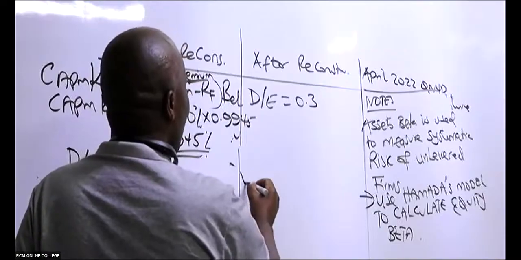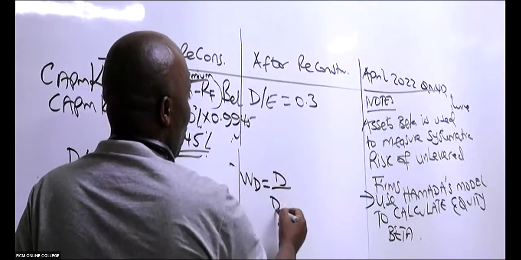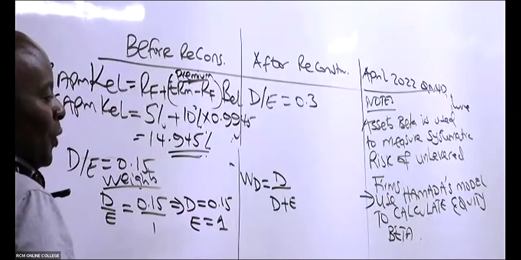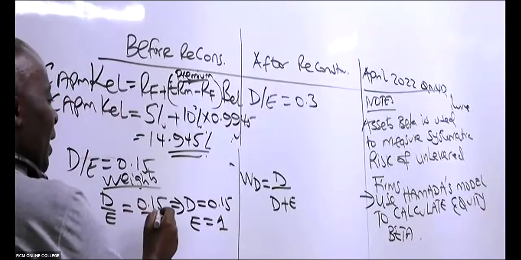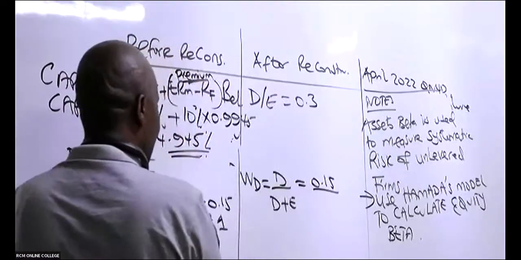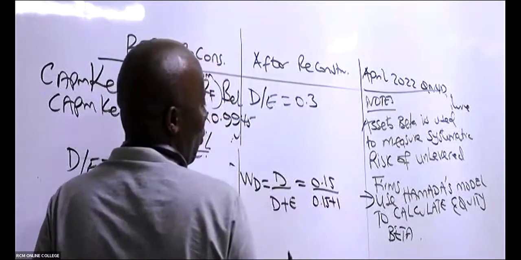So then what is the weight of debt? We know that weight of debt will be debt over debt plus what here, somebody? Equity. So the debt here is 0.15, all over debt itself again, which is 0.15, plus equity, which is 1.